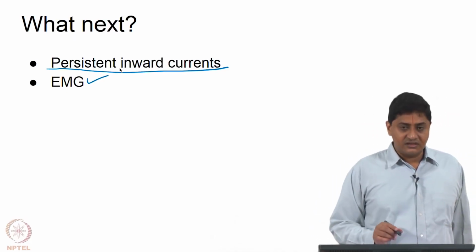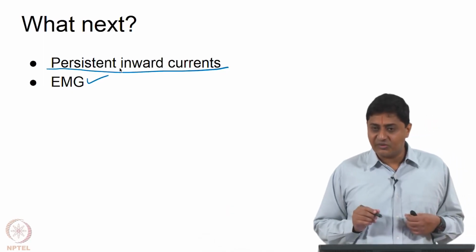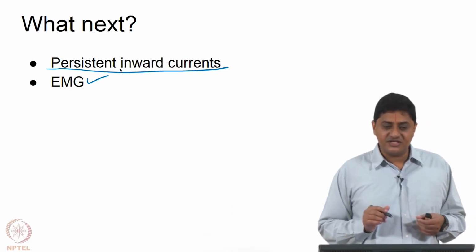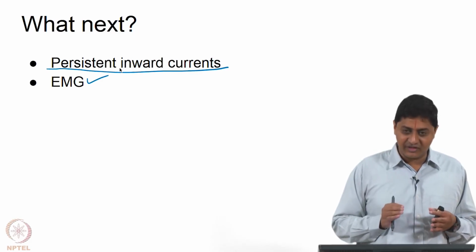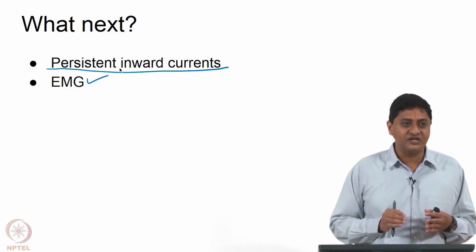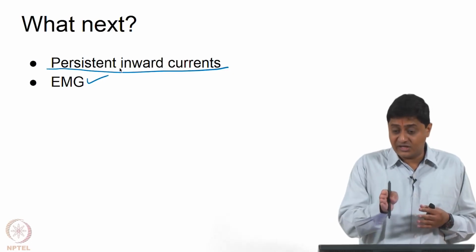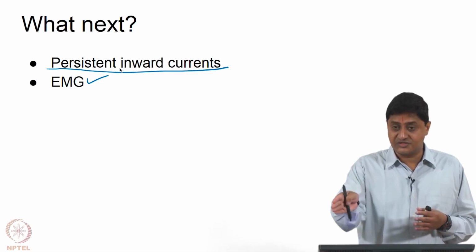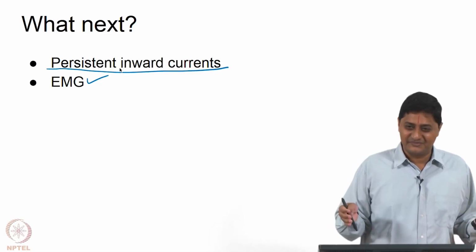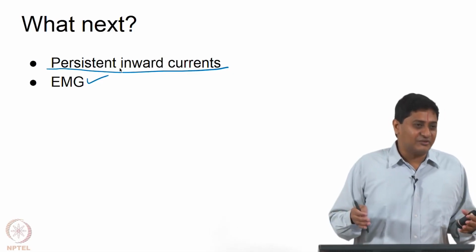Persistent inward current I am calling the joker in the pack because this changes everything. So far, I have described the system as if it is an engineering system. I am giving a greater current, a bigger motor unit is recruited, a greater force is produced. That seems too simple for the biological system.